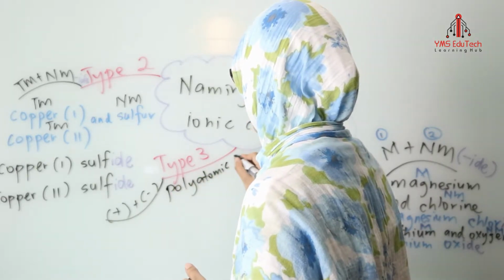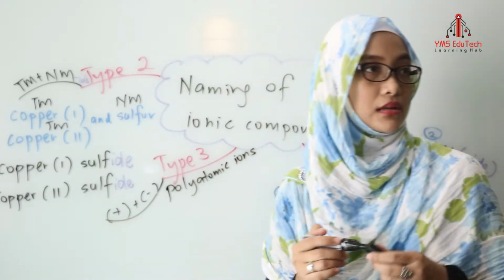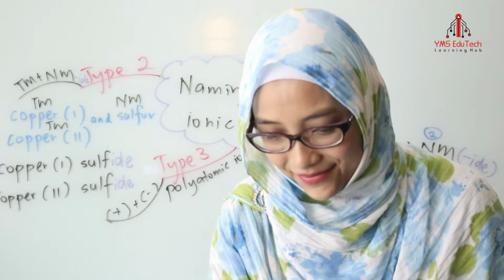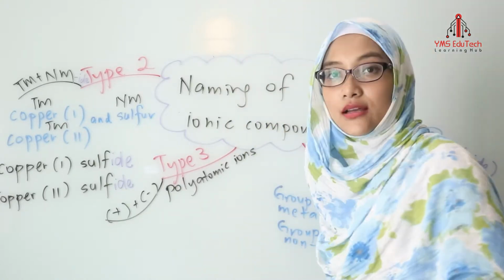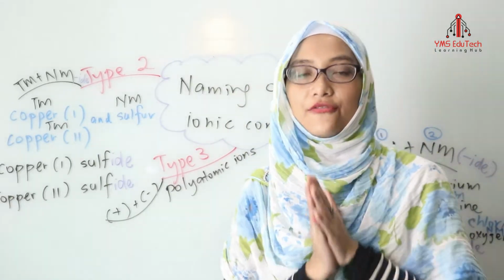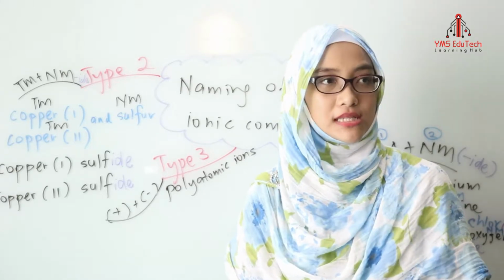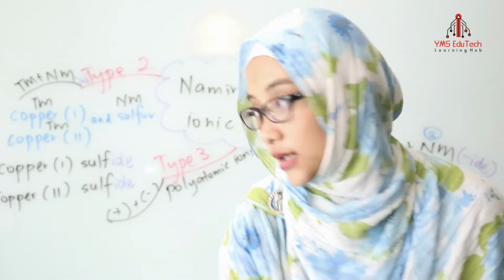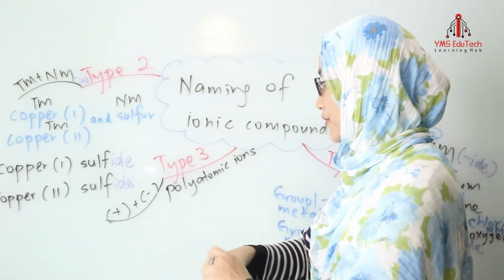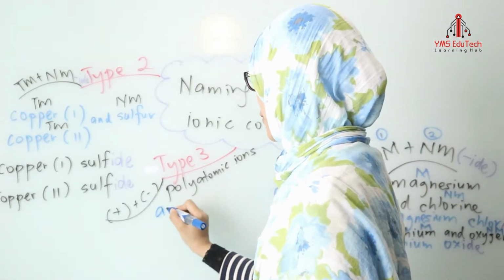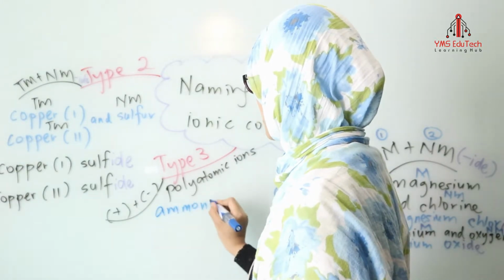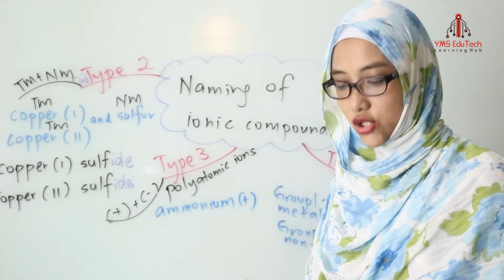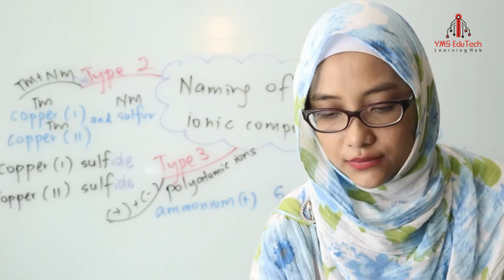What are the 5 polyatomic ions that you must know? There are 5 of them, and we have ammonium being the positive polyatomic ion.